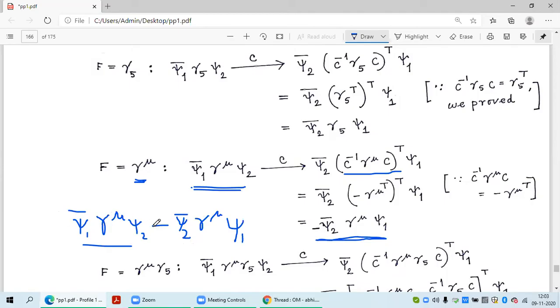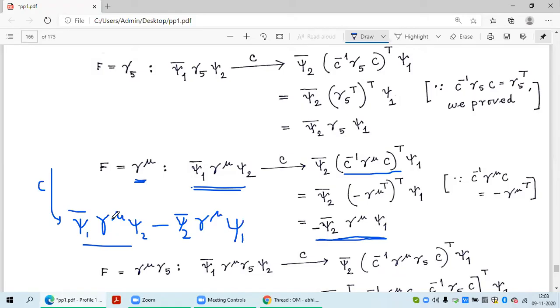Is there this relative sign difference between these two terms under the charge conjugation transformation? Psi 1 bar gamma mu psi 2 becomes minus psi 2 bar gamma mu psi 1, and minus psi 2 bar gamma mu psi 1 becomes psi 1 bar gamma mu psi 2.